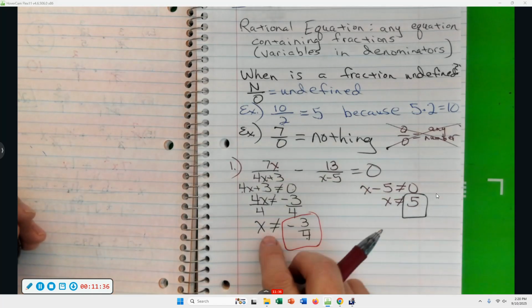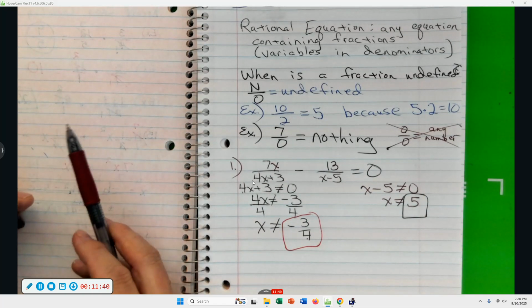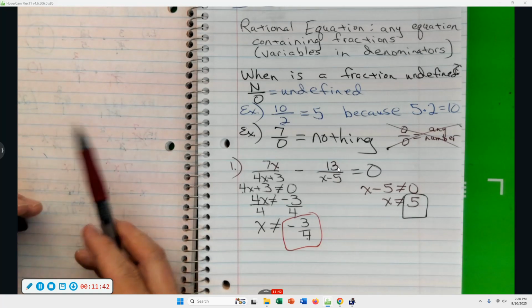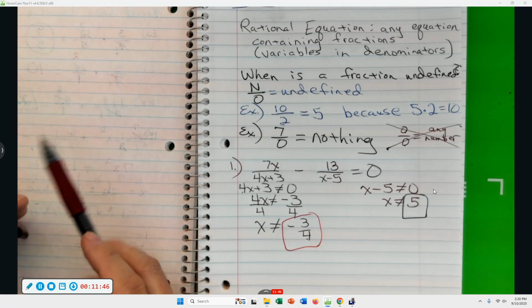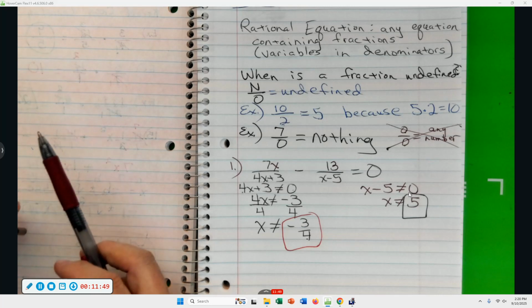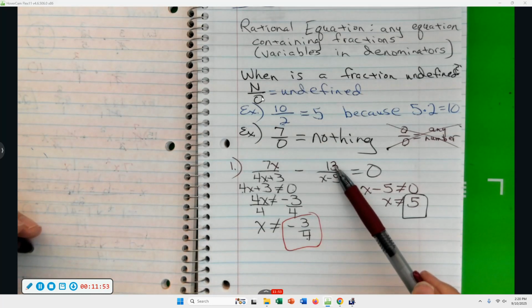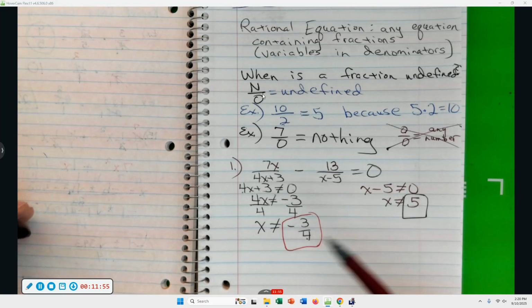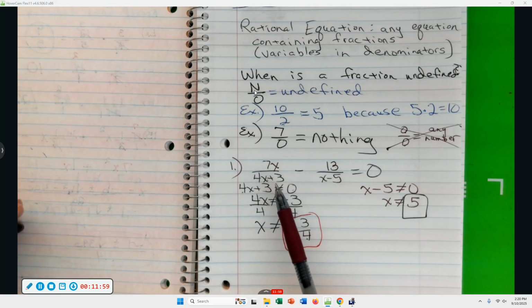Would that change the work here? A fraction, does the value of the numerator matter? No, it's the value of the denominator that decides whether the thing is defined or undefined. You could have anything you want up there in the numerator, that doesn't affect the numbers that make the fractions undefined. To determine when they're undefined, you're only using the denominators.